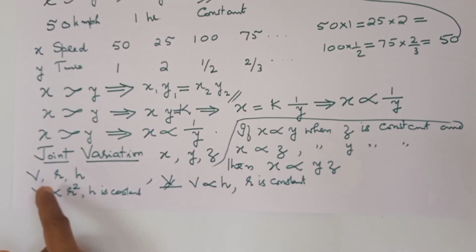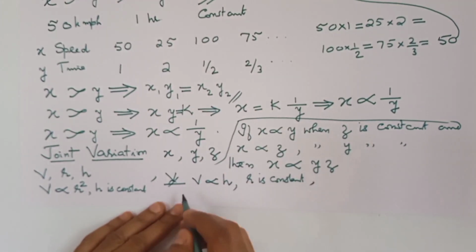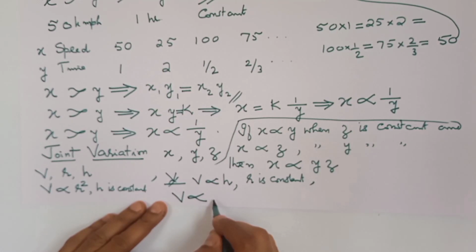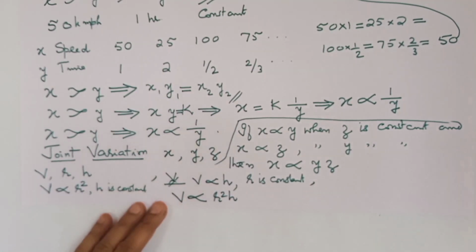Now look at this. You can compare this to the definition. So combining these two, this is the result. V will be directly proportional to the product of these two variables.